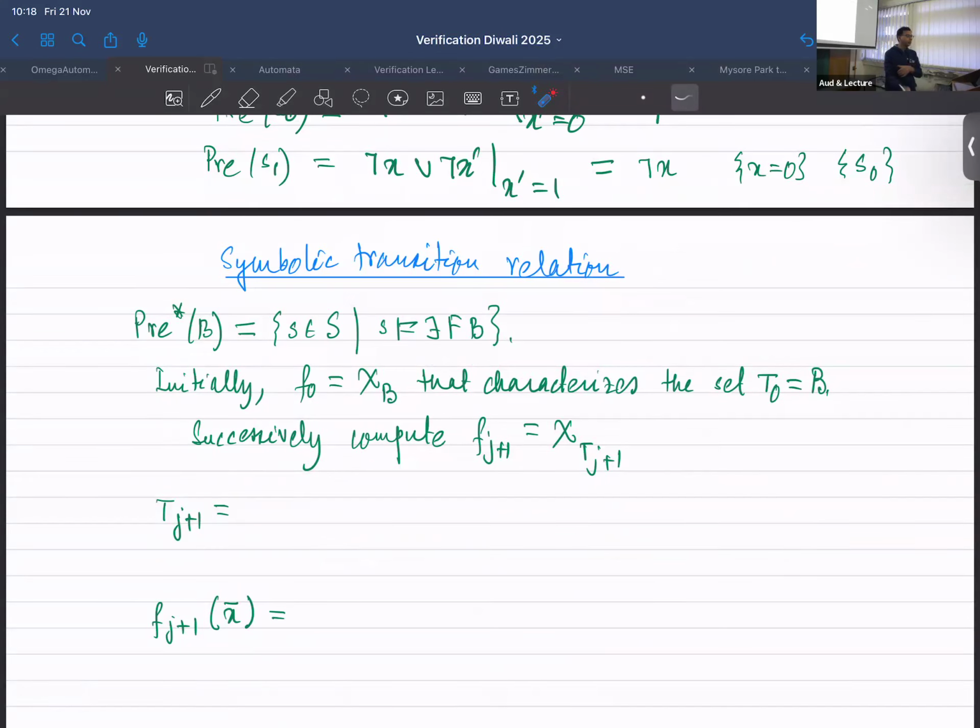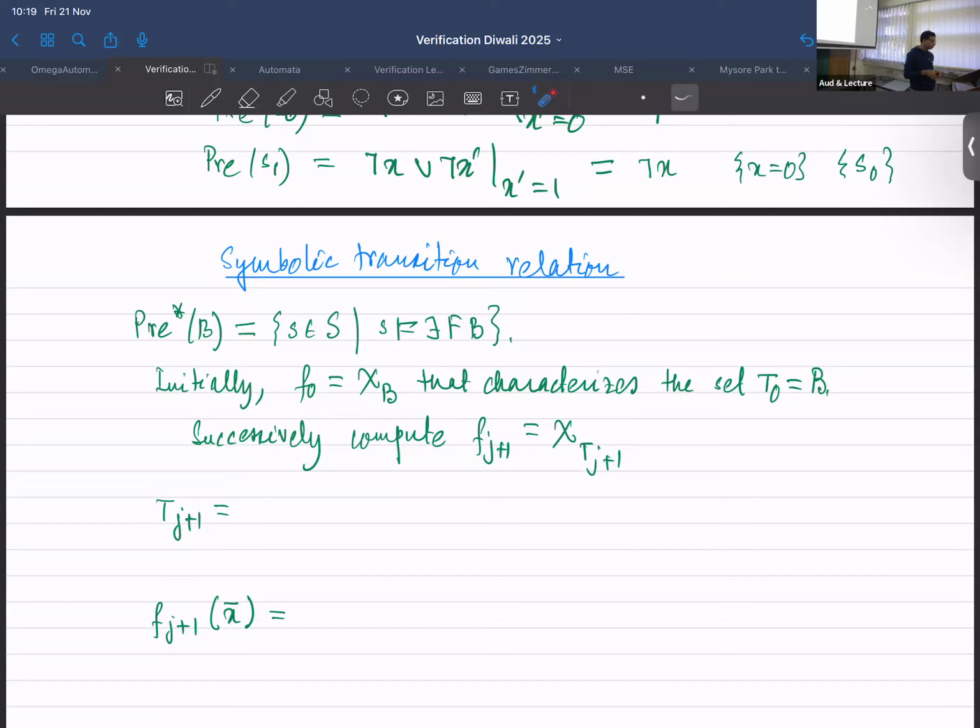So this is the symbolic way of doing this, that you don't do it for every state individually, like from this state, is there a pre or not. You just consider the Boolean function. And for the Boolean function, you compute the pre. The Boolean function will capture the set of all the states which will satisfy that property, right? Like where, for example, P holds true, and then you compute the pre. You compute the pre until you reach a fixed point.